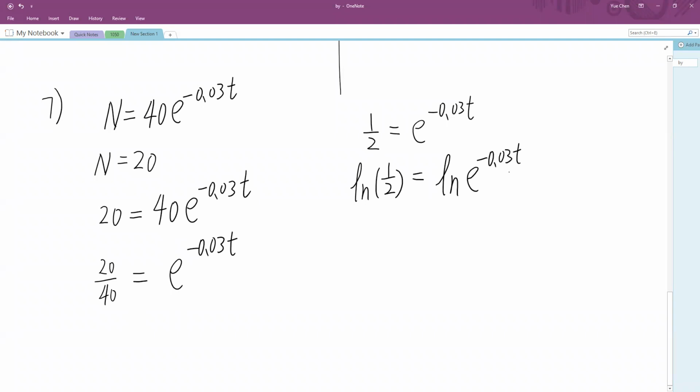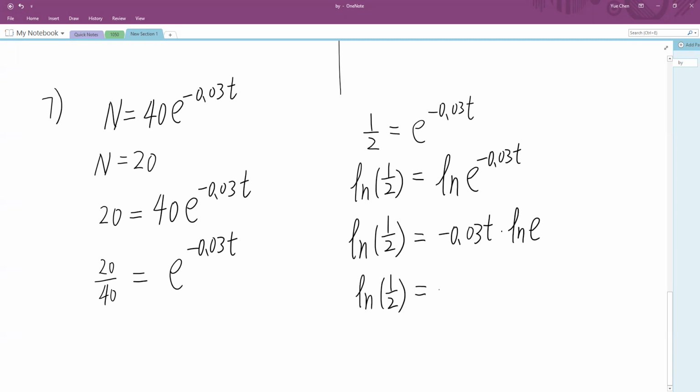So now we can bring down this power in front: negative 0.03t times natural log of e. We know that the natural log of e equals 1, right? So it becomes natural log of 1/2 equals negative 0.03 times t times 1. So what is t? t is equal to natural log of 1/2 over negative 0.03.